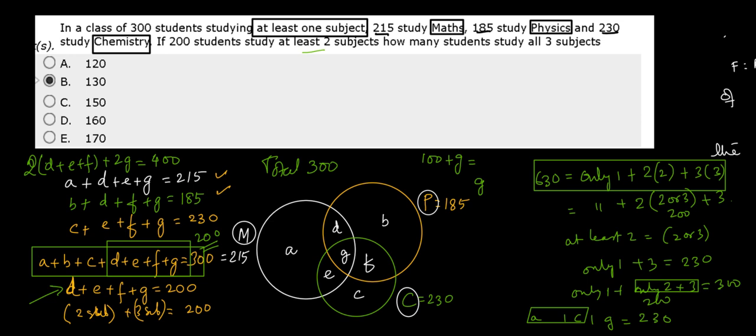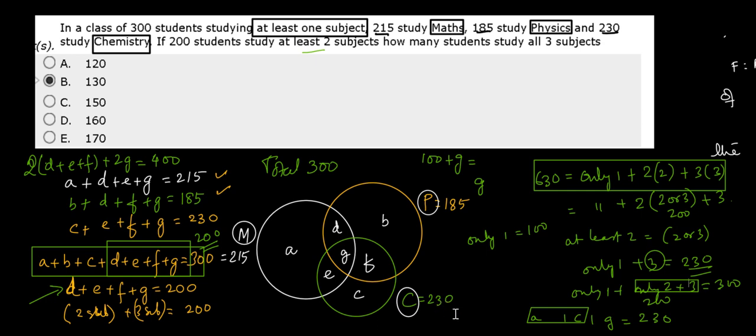So only 1 plus 200 is 300. So only 1 is 100. Therefore, all 3 is 130. Clear? Everyone is clear on this? Yes, sir. I showed it in both ways, but this is a shortcut if you understand this logic.